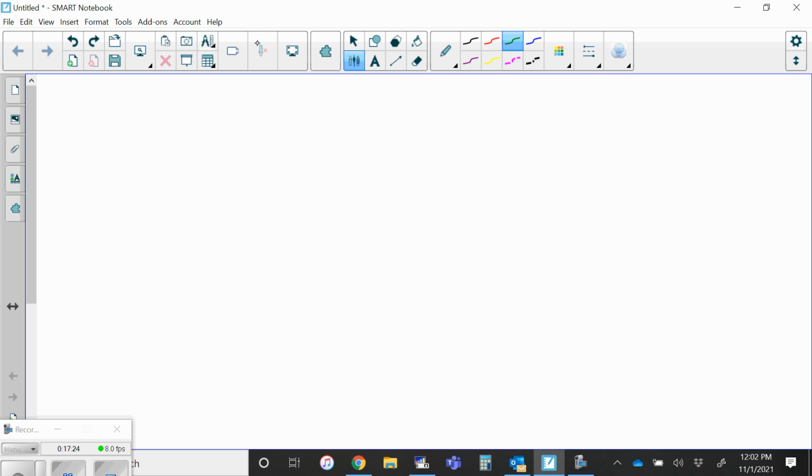So another way this is going to look is it might say, prove AB line segment is congruent to DE line segment.